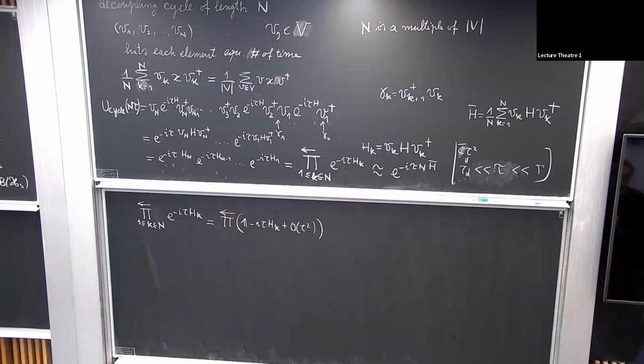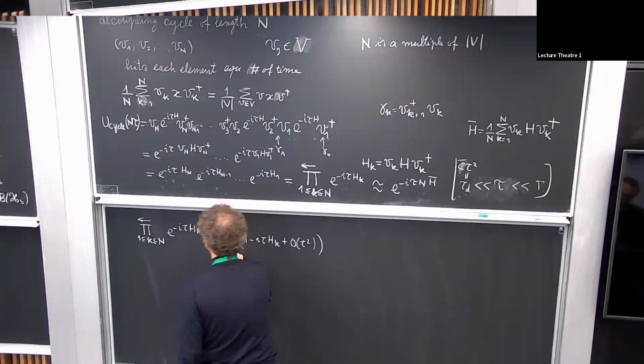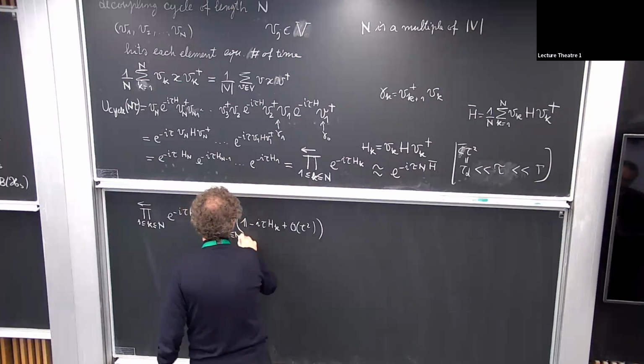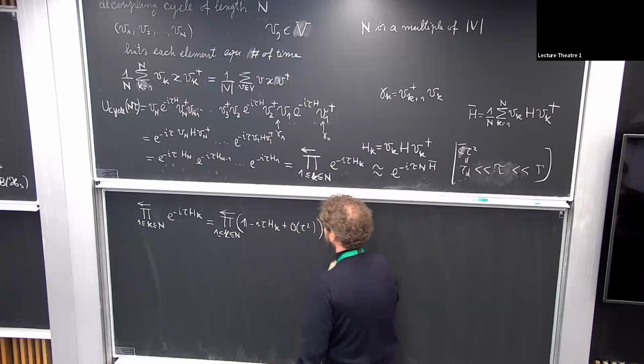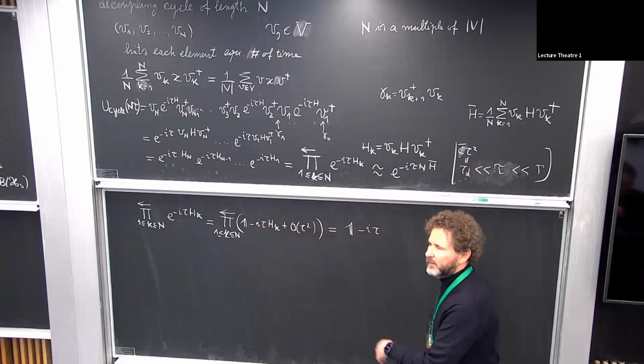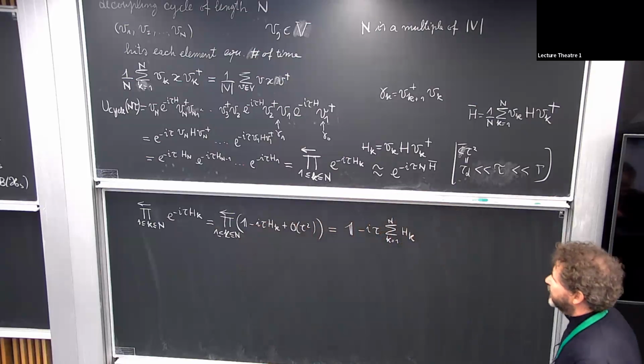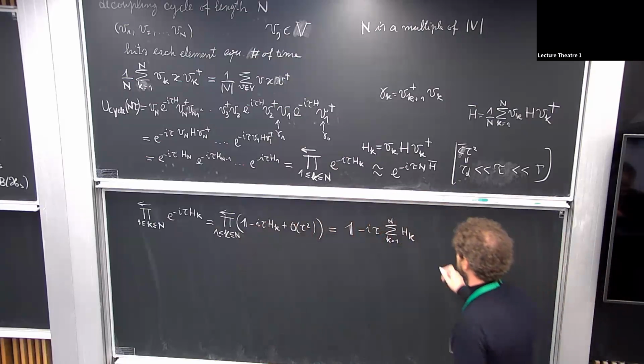So you get this, and now you just do the products. And so you get something which is 1 minus i tau times the sum over k from 1 to n of h_k, and then you get second order terms, which I'm neglecting.